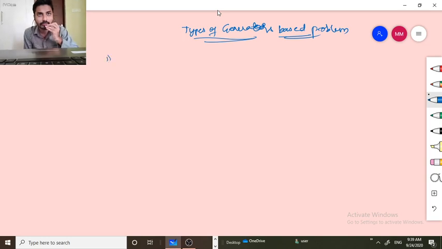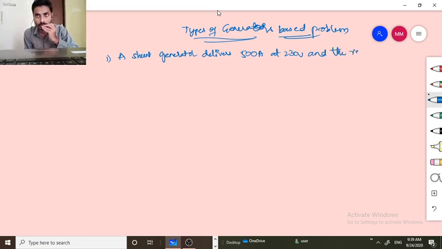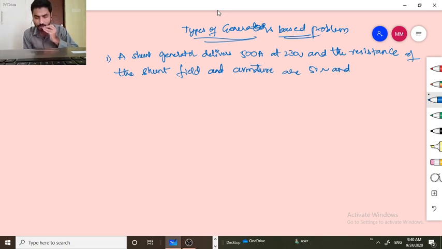A shunt generator delivers 500 amperes at 230 volts, and the resistances of the shunt field and armature are 50 ohms and, since armature resistance is usually very small, 0.03 ohms respectively.